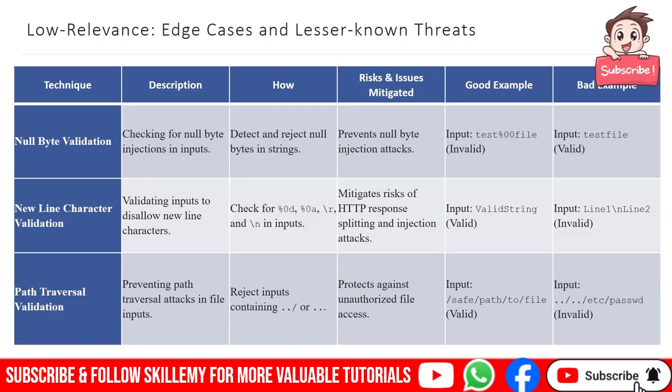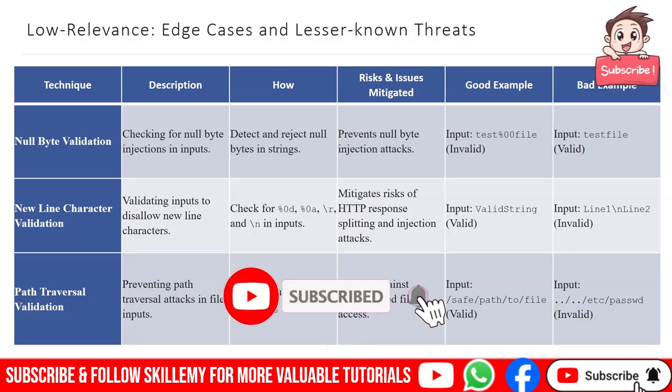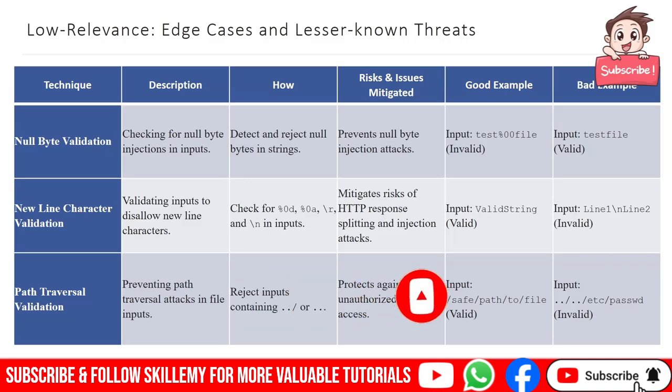Finally, we discuss path traversal validation. This technique aims to prevent path traversal attacks, which occur when an attacker attempts to access files outside the intended directory structure. By implementing checks to reject inputs containing sequences like double dots slash, or simply double dots, we safeguard against unauthorized file access that could compromise sensitive data or system integrity.